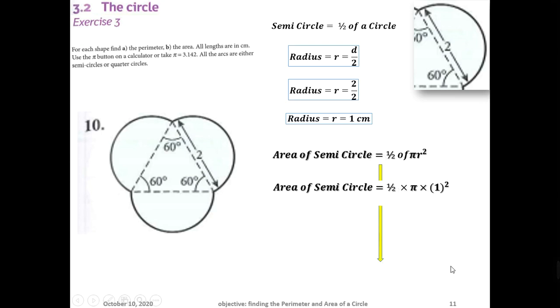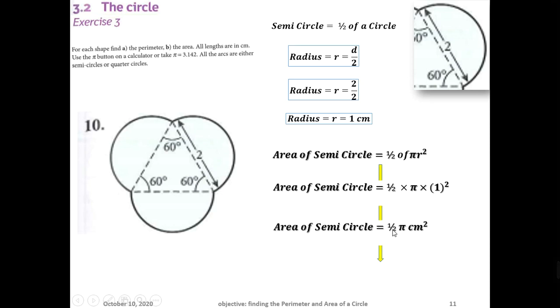Let's write the final answer in terms of pi at first. So it's going to be half pi centimeter squared, or you can write it 0.5 pi centimeter squared. Let's write the final answer as a decimal number.